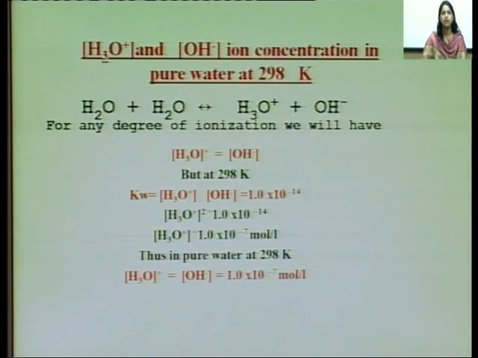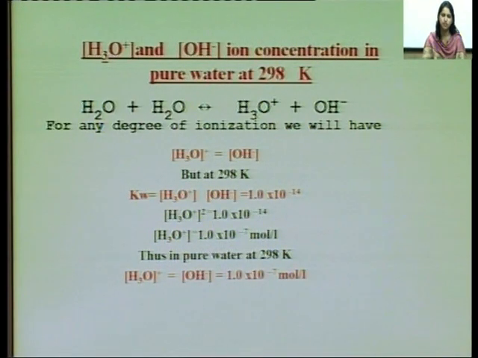So, the hydronium ion and hydroxyl ion concentration in pure water at 298 Kelvin is, let us consider the self ionization of water, that is H2O plus H2O giving hydronium ion and hydroxyl ion. For any degree of ionization, we will have the concentration of hydronium ion equal to the concentration of hydroxyl ion.